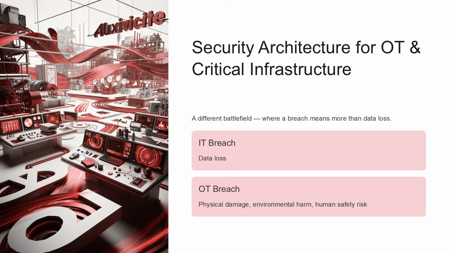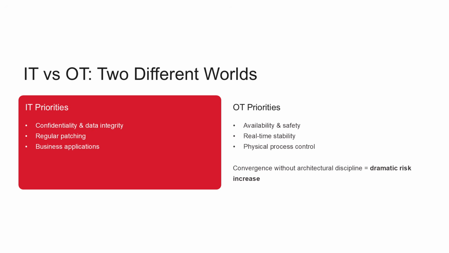As an enterprise security architect, you must recognize that OT is not simply another network segment. It is a different operational domain with different priorities, constraints, and risk. Your architecture must reflect that reality. IT systems are designed for data processing, business applications, email and collaboration, cloud platforms, DevOps pipelines.